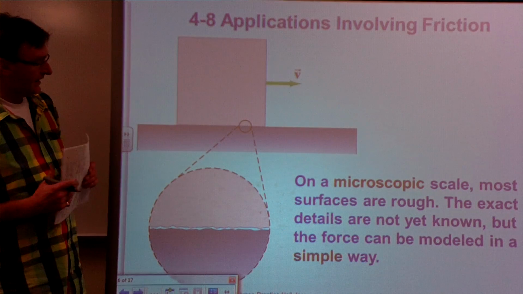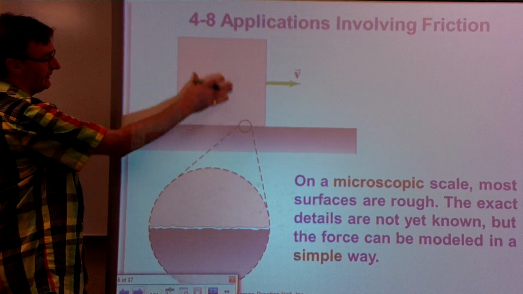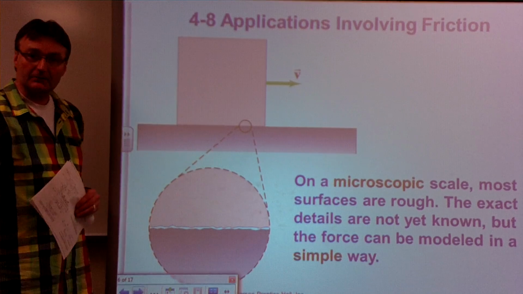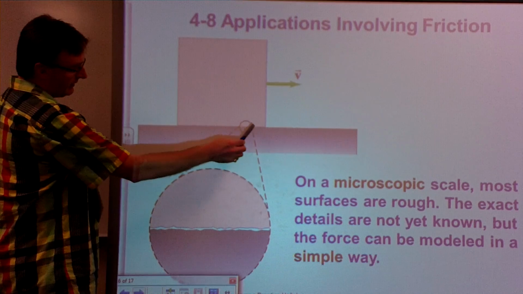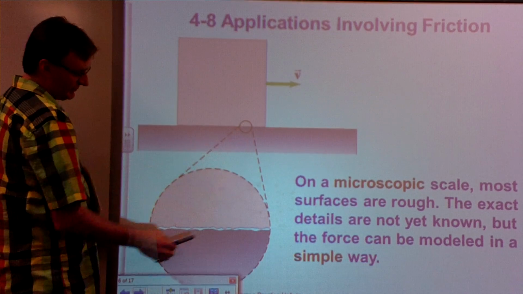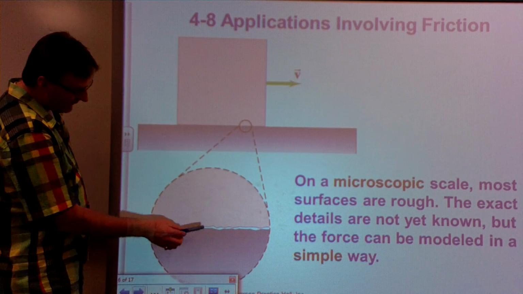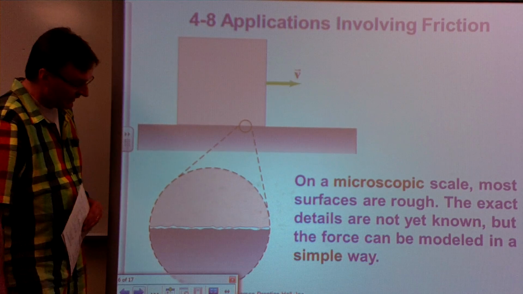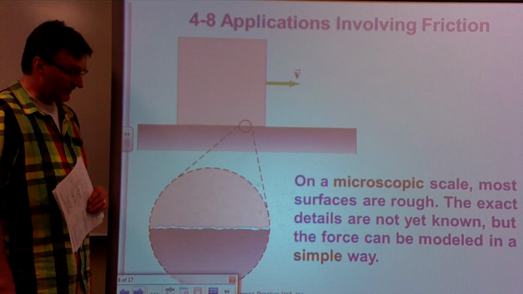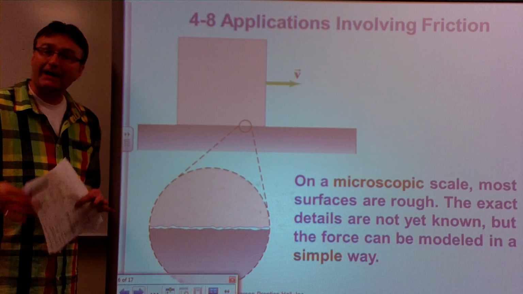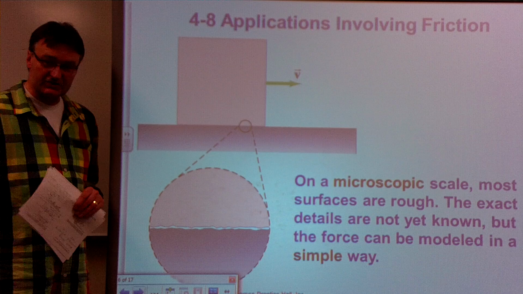So first of all, here you have just an example of two objects that are in contact with each other. One is sitting on top of the other, and if you blow up this small section right here and look between their surfaces, if you get right down to the microscopic level, there will always be a rough surface between these objects, no matter how much you think you can polish them and get them beautifully smooth.